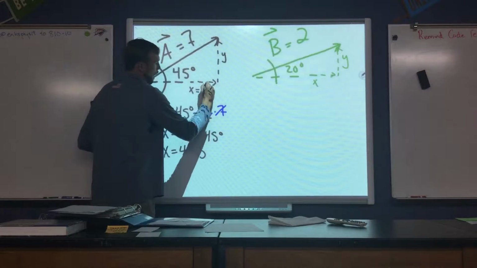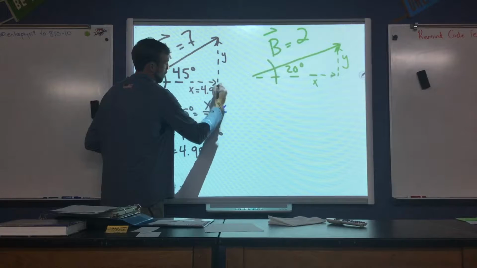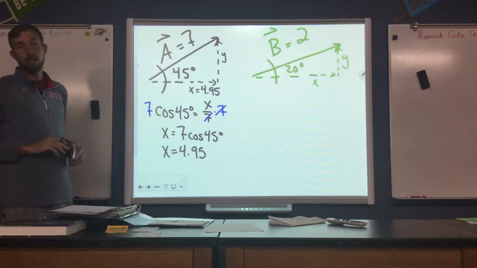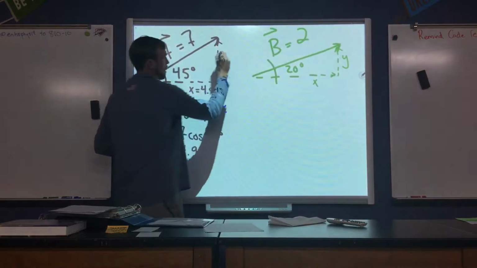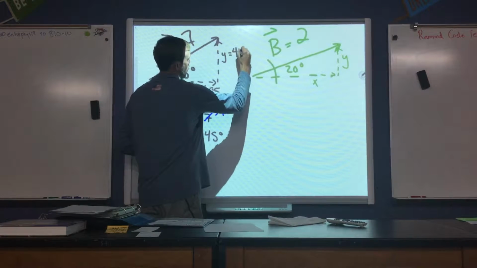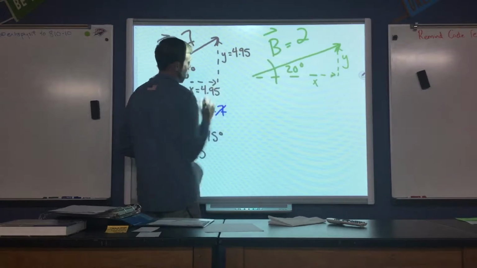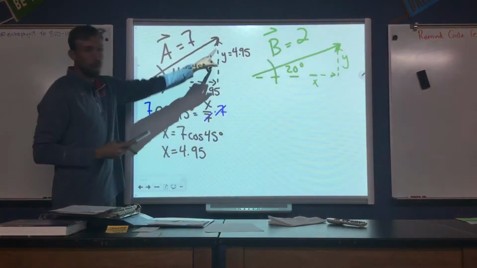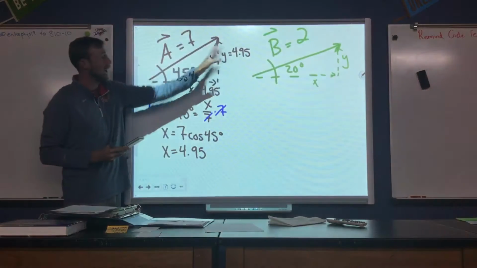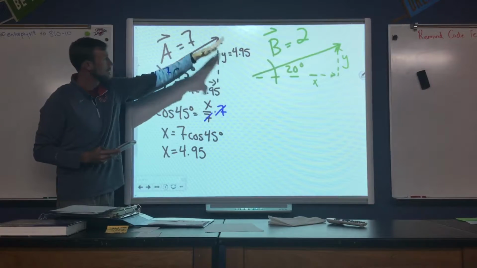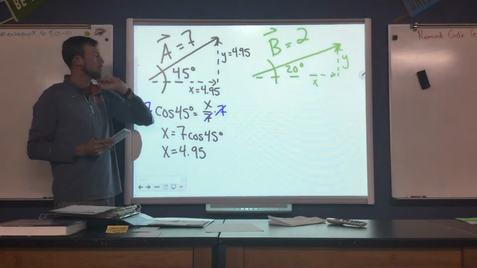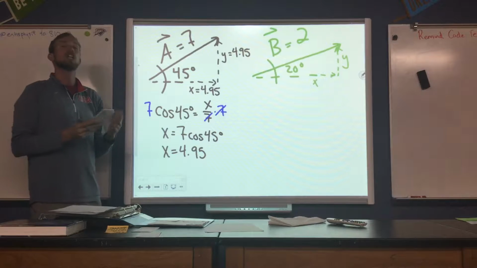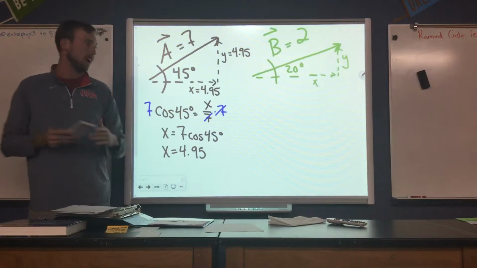Now, because we have a 45 degree angle here, that should give us a clue that can save us some time. Because our angle is 45 degrees, that means our x and y components will be equal. I could go ahead and plug in 7 sine of 45, sine because the y side is opposite relative to our hypotenuse. So 7 sine 45, if you want to double check, should give you the same value, 4.95.